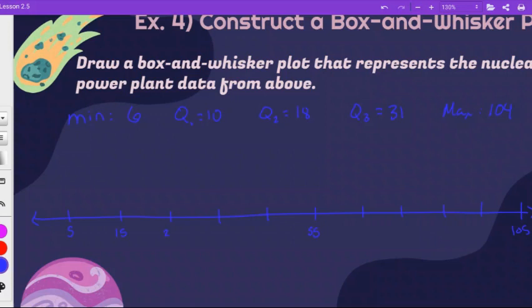Okay, and if you need to, we can go ahead and add in those scales. So again, I started at 5 and just went up by 10s. Oops, that should say 95.